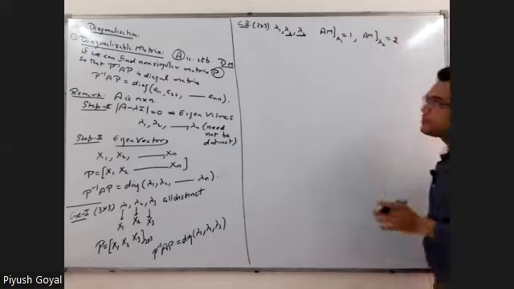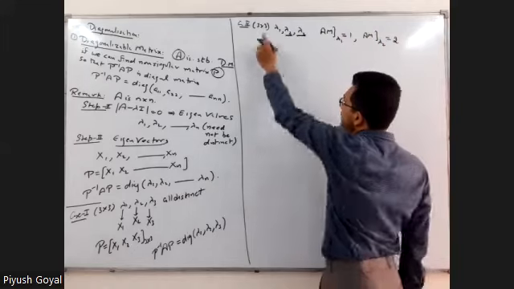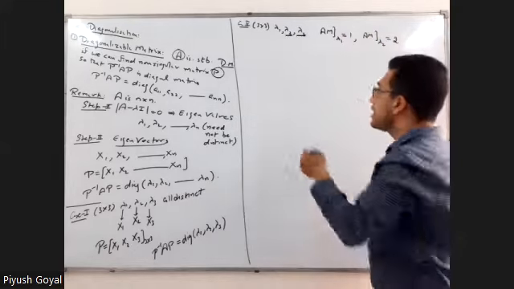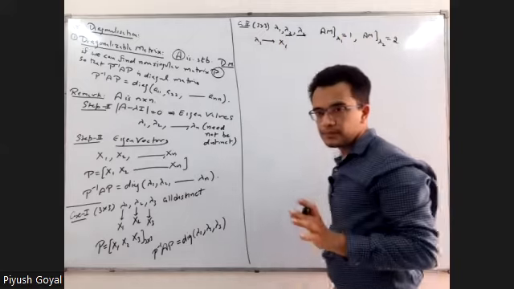Now the next step is to find eigenvectors. When you find the eigenvector corresponding to lambda 1, you will surely get x1.